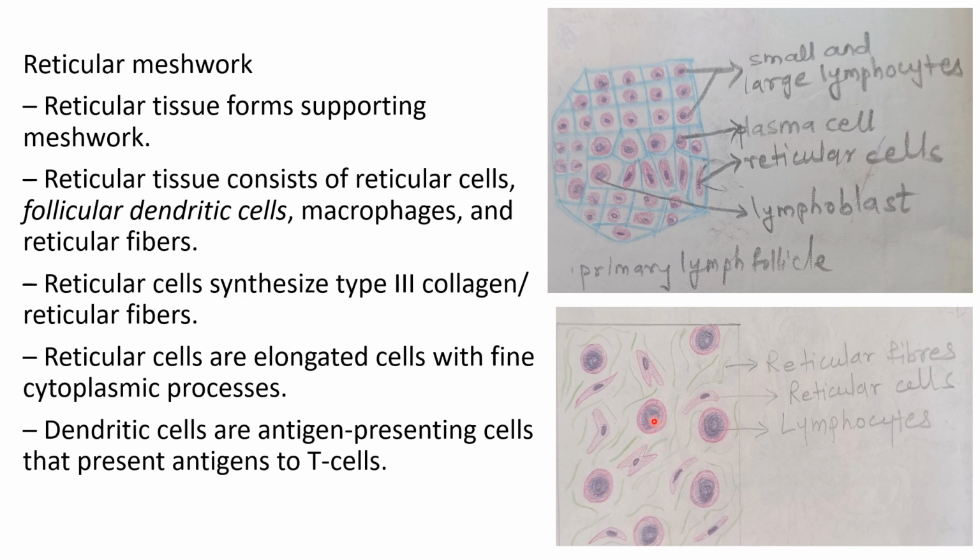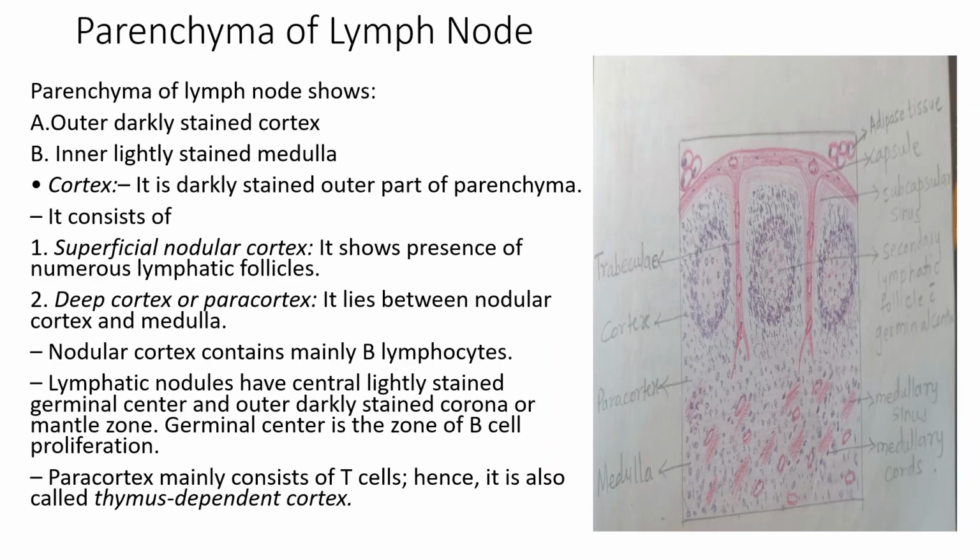So these are the lymphocytes present in the interstices, or the spaces between the reticular fibers or reticular cells. Up till now, we have seen the supportive framework of the lymph node. It is mainly formed by the capsule, trabeculae and the reticular meshwork.